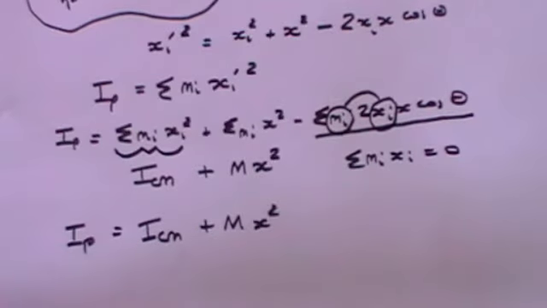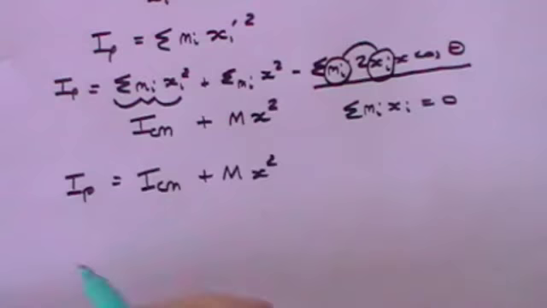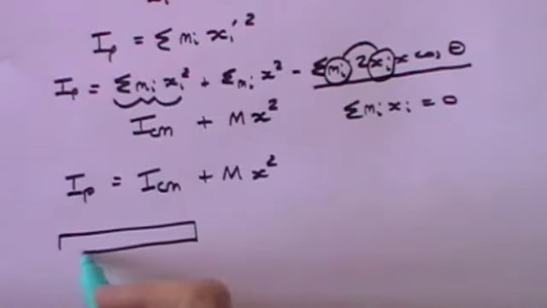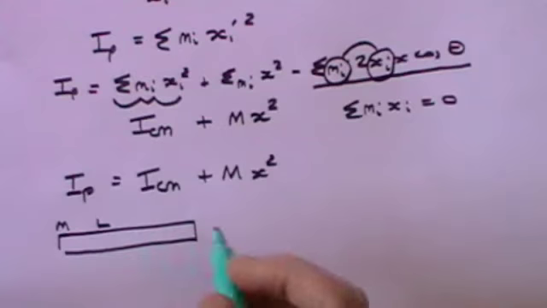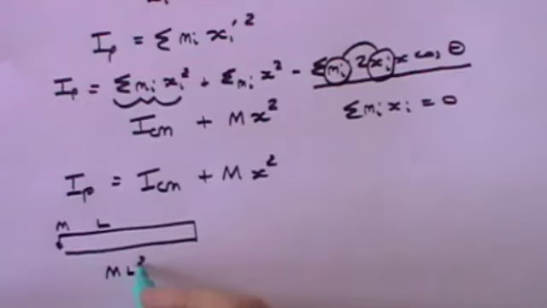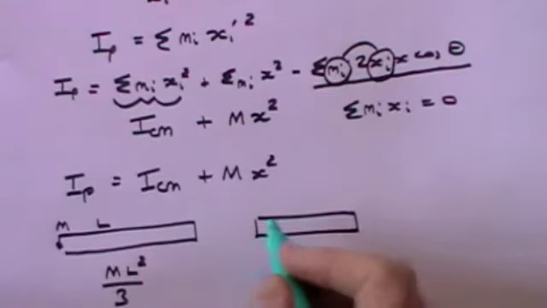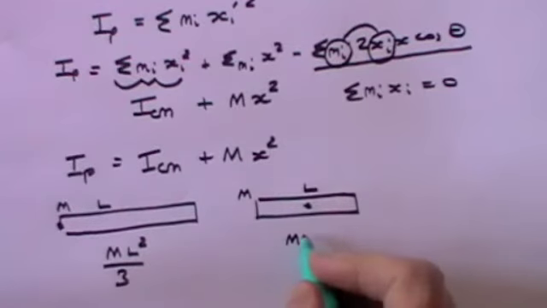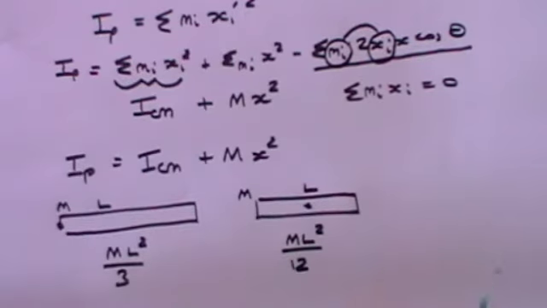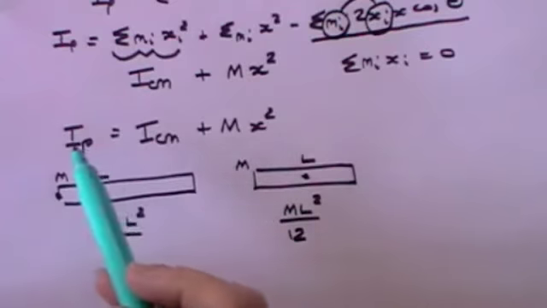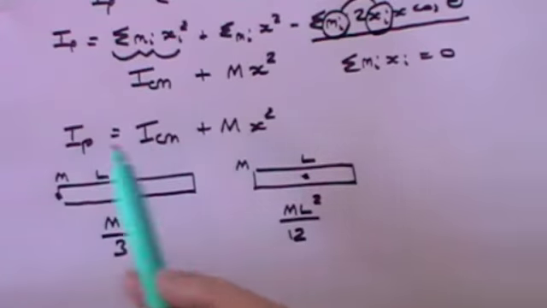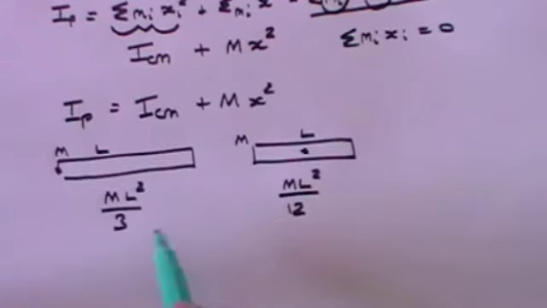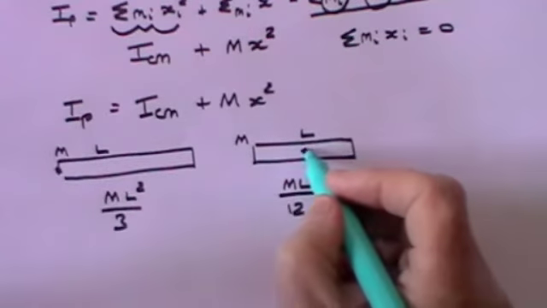Does it work? Well, we have of course already established that if you take a rod of mass m and length l, and pivot it at one end, the moment of inertia is ml squared over 3. And if you take the same rod of mass m and length l and pivot it in the middle, the moment of inertia is ml squared divided by 12. Does that conform to this equation? What we're saying is that the centre of mass is here.